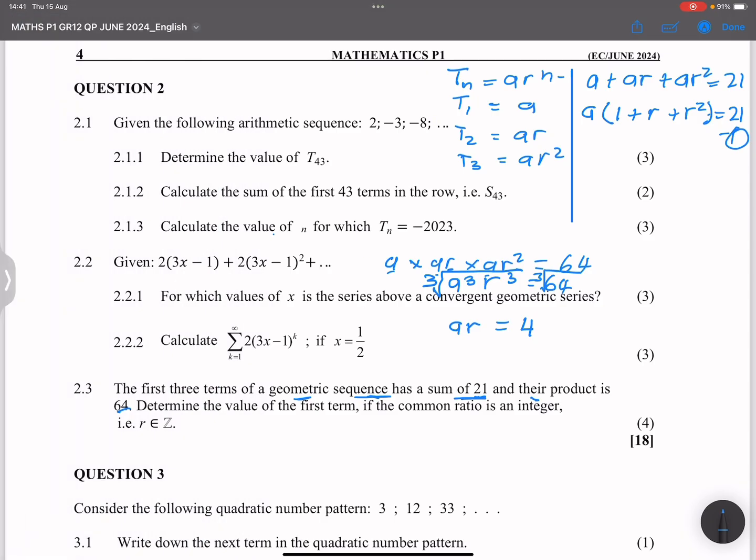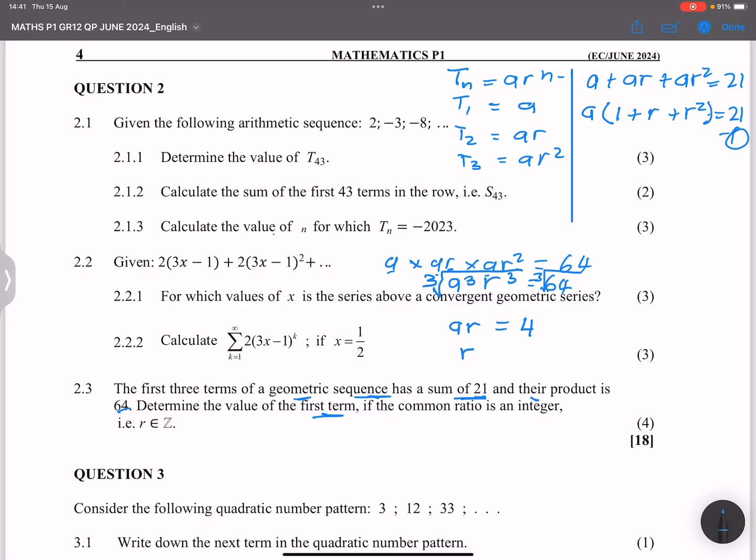Now I want you to note in this case, what do they want us to find? They say determine the value of the first term, so we want the value of a. If I want to find the value of a, what I'm simply going to do is make r the subject of the formula.